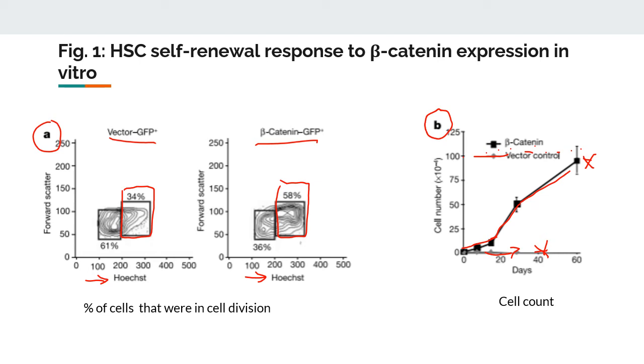So with these two figures, it indicates that the vector cells had little to no expansion, whereas beta-catenin had a very large expansion, and confirmed that overexpression of beta-catenin will lead to active cell division.